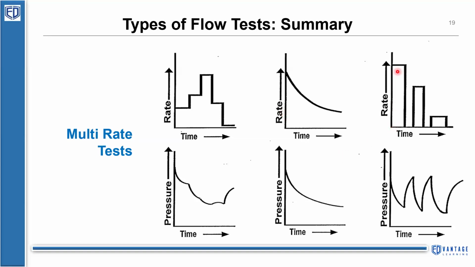So also, if you look at the third graph, you're decreasing the production rate. So this is a multi flow test: build up, drawdown, build up, drawdown, build up, drawdown. If you look at your pressure response, during drawdown your pressure is declining, and in the build up your pressure is inclining.